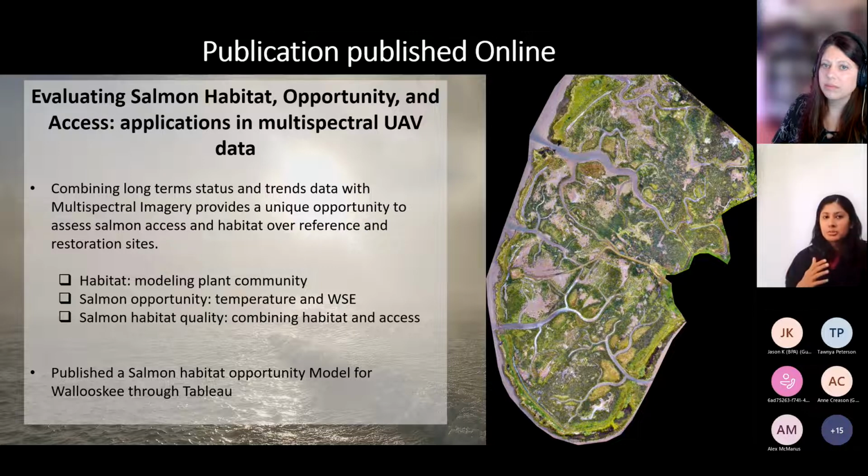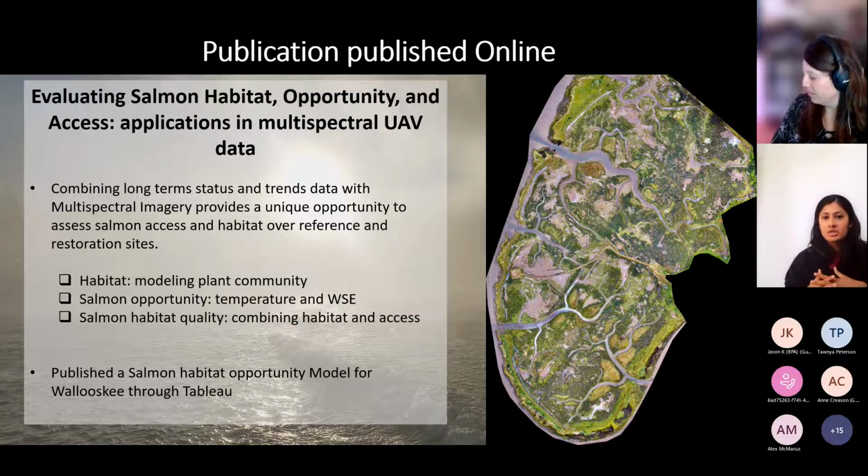With our traditional approaches, we collect good data, but we are only able to capture about 5% of the vegetation and topographic changes. On the other hand, using UAVs allows us to capture ongoing vegetation and topographic changes across the entire site.